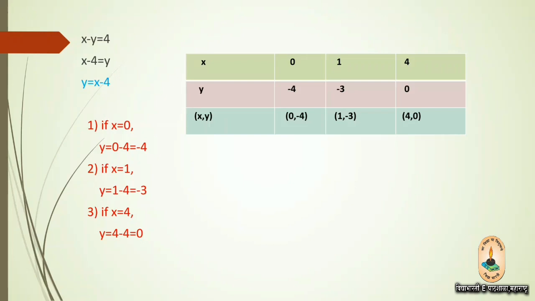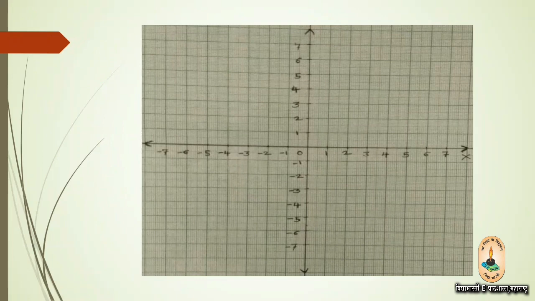Then we draw the graph for these two linear equations. First, draw the x-axis and y-axis as shown in the figure. The x-axis and y-axis intersect at point O, and it is called the origin.